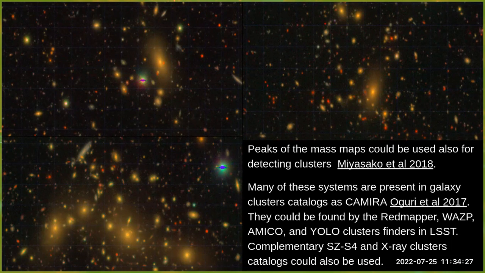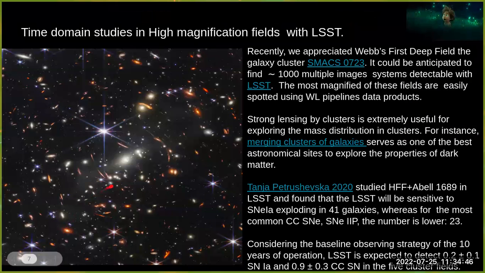The point is that it is easy, using the weak lensing maps and additional information such as luminosity density maps, to find good high magnification regions where time domain studies could be done in these fields.